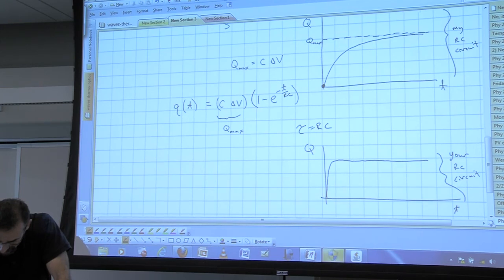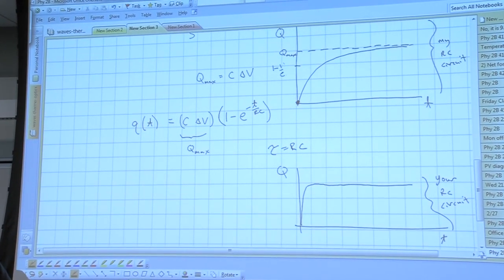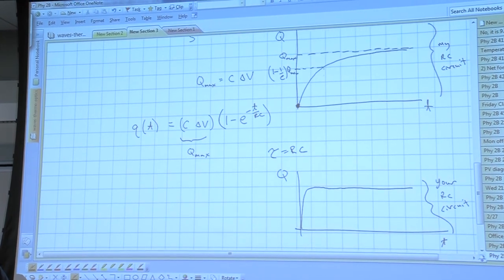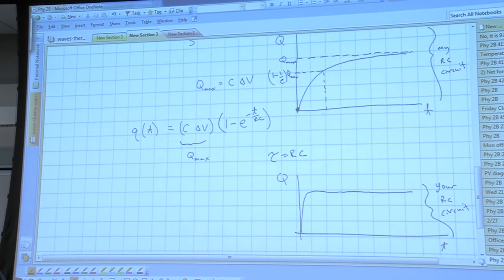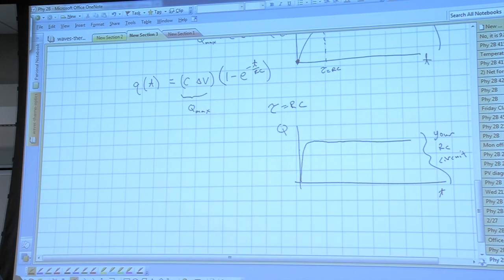So this would be 1 minus 1 over e of Q max, and the time would be tau, which is equal to R times C. And you do the same thing on yours. Q max, 1 minus 1 over e times Q max would be here.